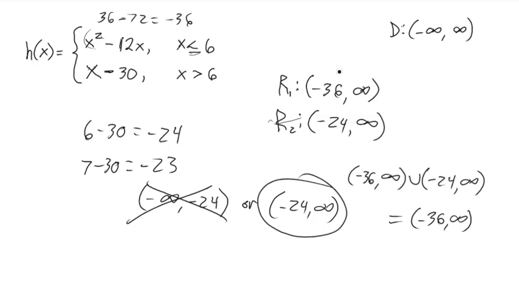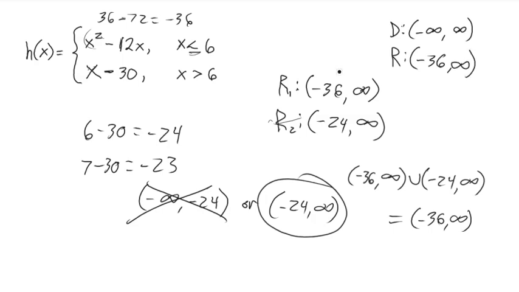This negative 36 up to infinity includes this entire interval. This interval is inside of this interval, and therefore this is just the answer. And therefore the range of this particular piecewise function is negative 36 up to infinity.